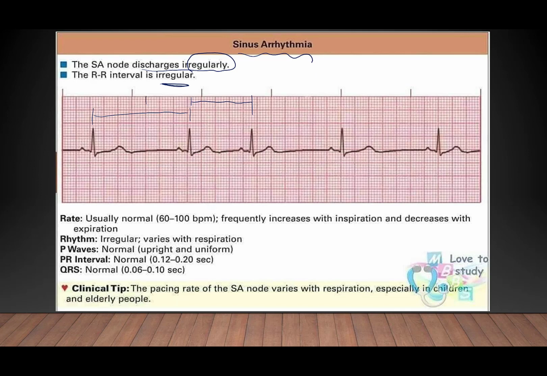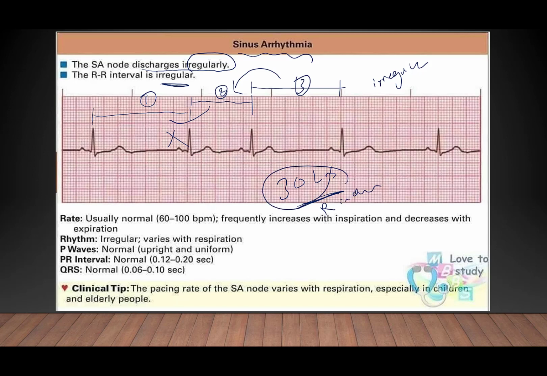This is the first R to R interval, this is the second, it's not equal. And again, here to here is longer than here to the second, this is the third, so it's called irregular rhythm.